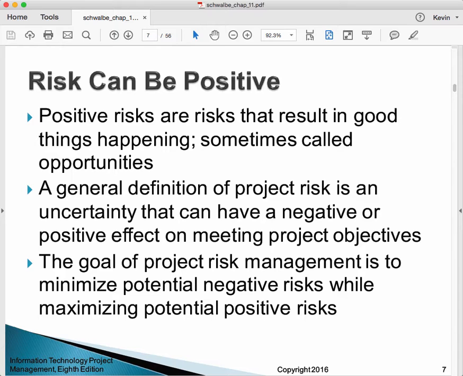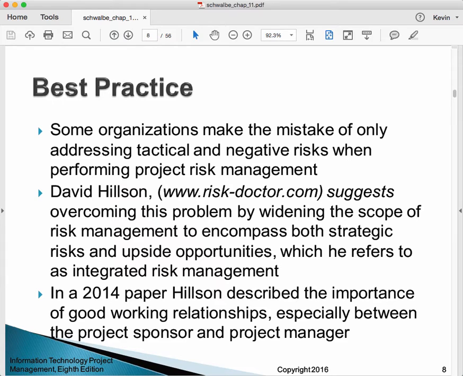The other half of it is about making sure good things or better things do happen. Some organizations don't think about risks in this broad of a way. They only think about the negative risks.